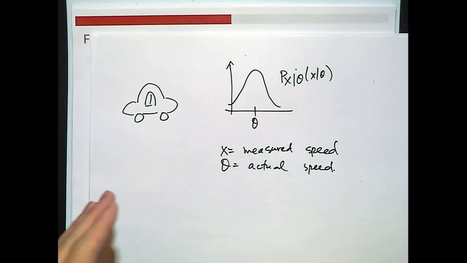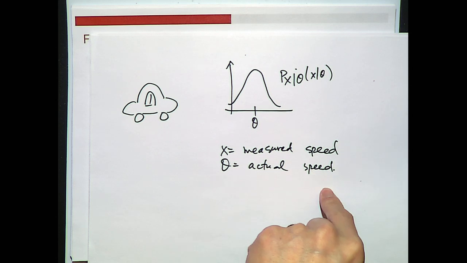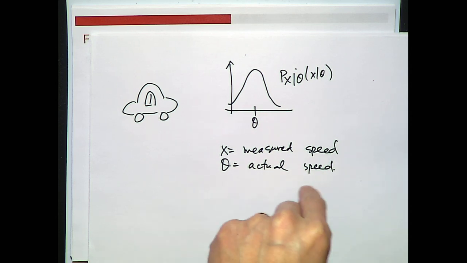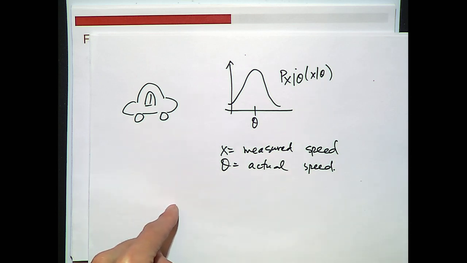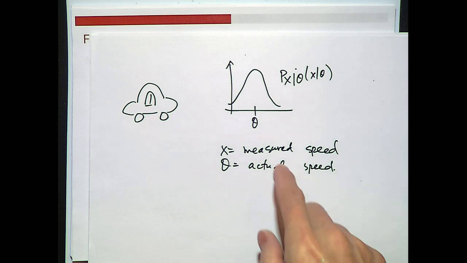That would be the actual speed. So the actual speed is not necessarily 70 miles per hour. It could be higher, it could be lower, right? If you look at my car, I have a very big van. I cannot drive very fast, otherwise my wife would be unhappy, right? So then my speed would be different from the actual speeds.